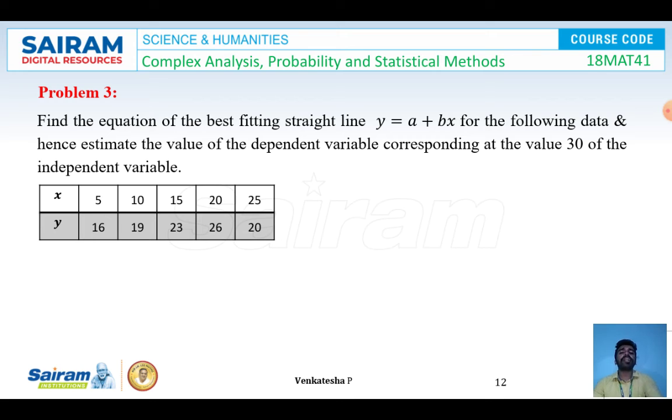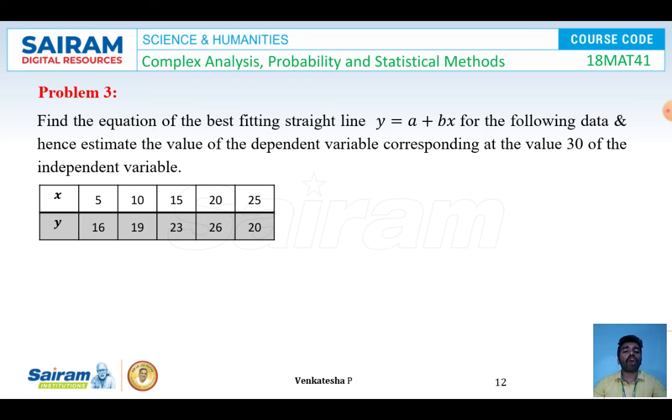Since I am finding the value of y when x is given, x will be the independent variable and y will be the dependent variable. So in this problem, we are supposed to estimate the value of dependent variable y when the independent variable 30 has been given. The data is given as x is equal to 5, 10, 15, 20, 25 and y is given as 16, 19, 23, 26, 20.